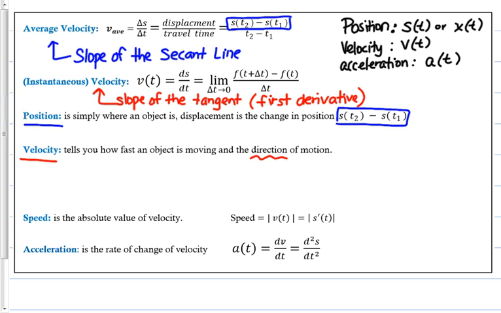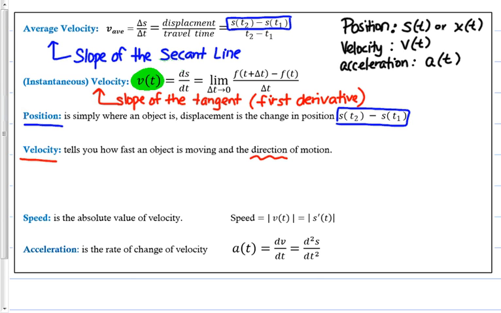Now, if you look back at instantaneous velocity, you'll see that I had v of t equals ds dt. Velocity is the first derivative. You would derive the position function, s, and get ds dt, and that is velocity.